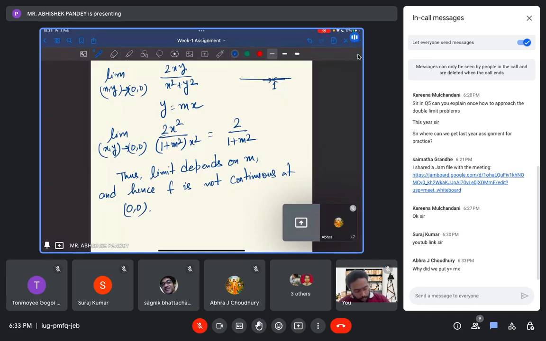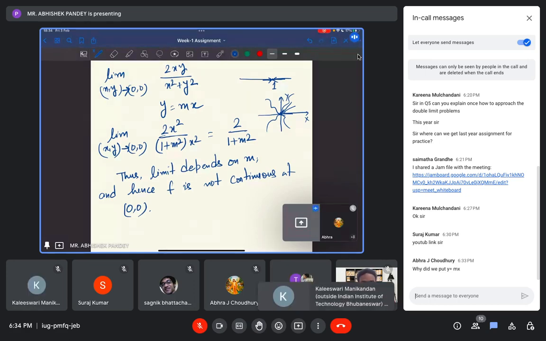But in several variables, like suppose you have two variables, you are approaching 0, you can approach from the x-axis, and a lot of paths are there approaching 0. So if you choose a path and this limit depends upon the path, it means f is not continuous. Is it clear to you?